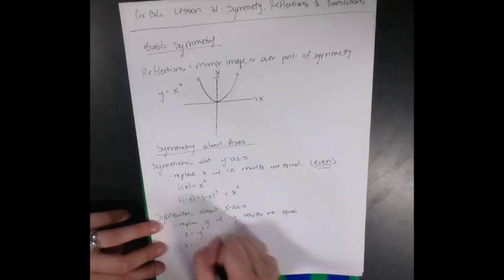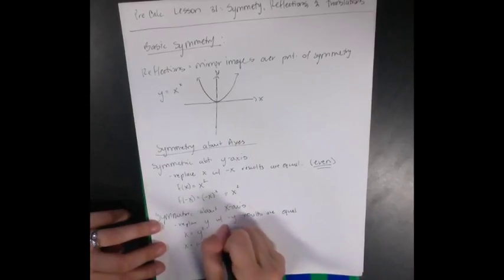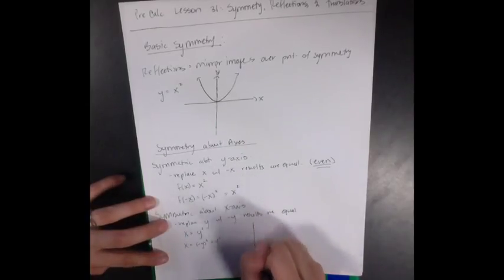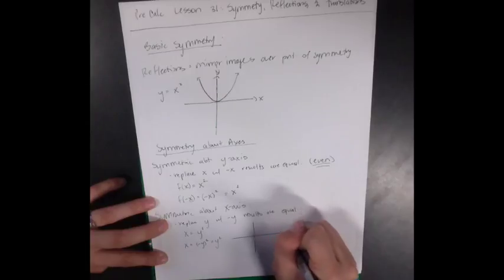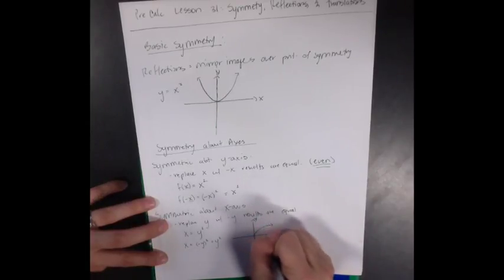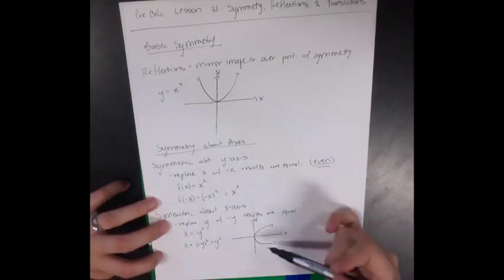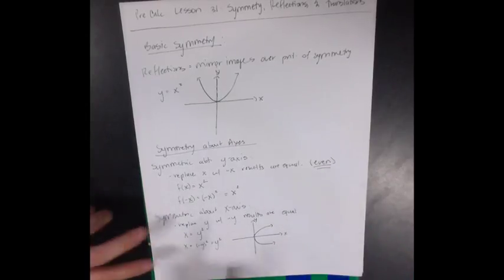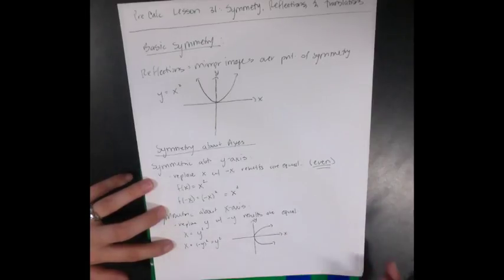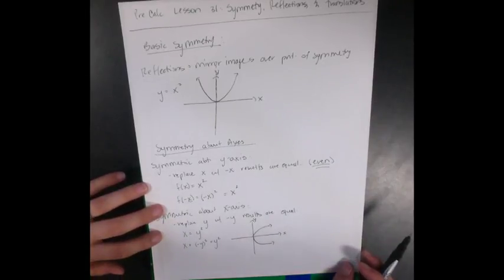If we were to replace y with negative y, negative y squared is the same thing as y squared. And the graph looks like this. It's symmetric about the x-axis, meaning if I was to draw a dotted line on the x-axis and fold my paper there, my graph would exactly fold on top of itself.